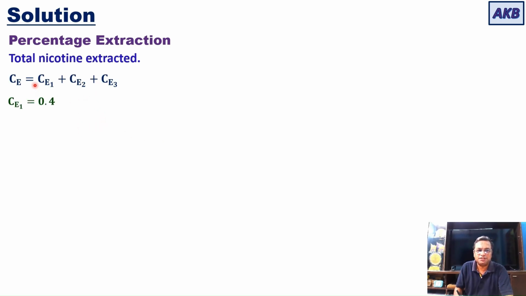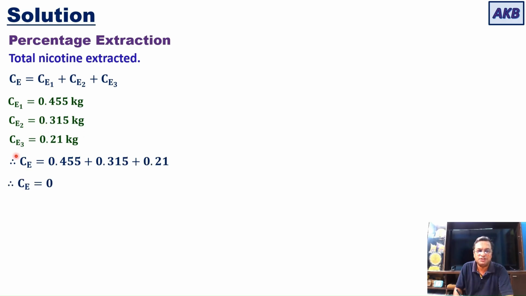So percentage extraction. Now the total nicotine extracted, I'll denote it as Ce. This will be addition of nicotine that is obtained in all the three stages. So Ce will be equal to Ce1 plus Ce2 plus Ce3. Ce1 we got 0.455 kg. Ce2 we got 0.315 kg.